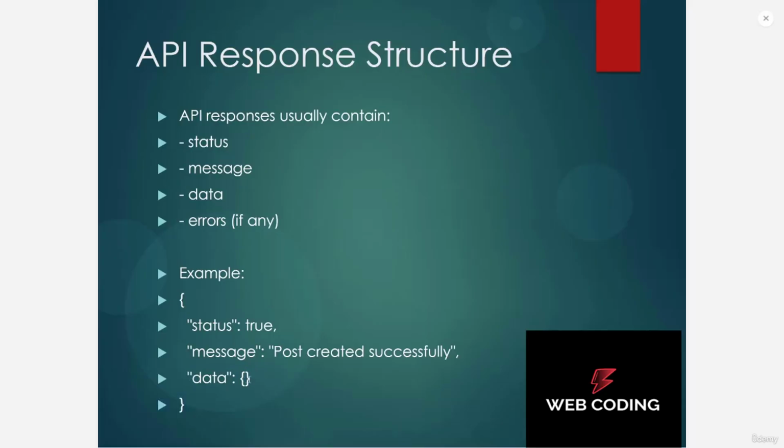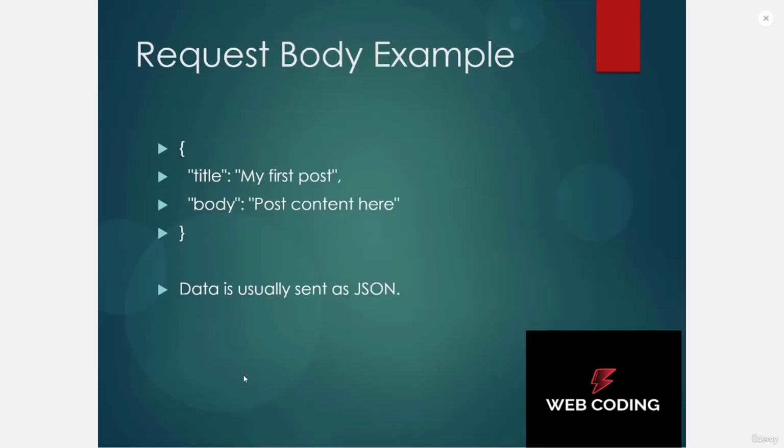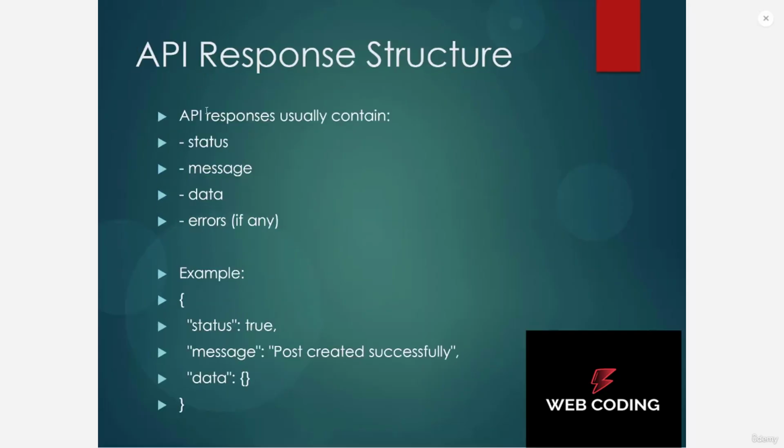But here I just set it to be empty. We can send the data that's simply inserted, which is actually this data. So yeah, this is how requests and responses work inside Postman, and also mobile apps in general.